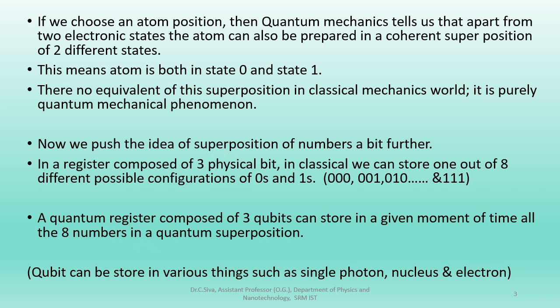But a register of 3 qubits can store all 8 possible configurations at once. Qubits can be realized using photons, nuclei, or electrons, emphasizing that quantum hardware itself is diverse.